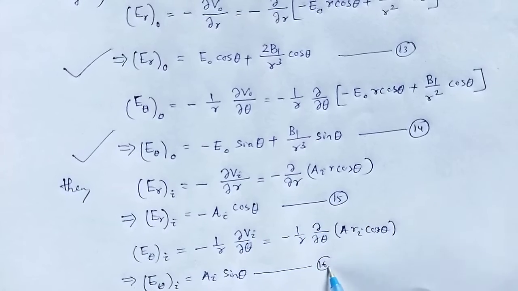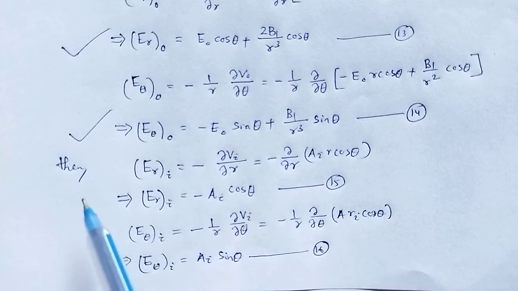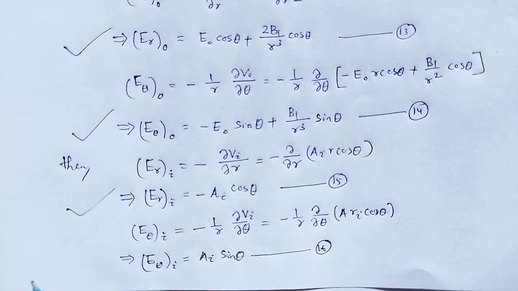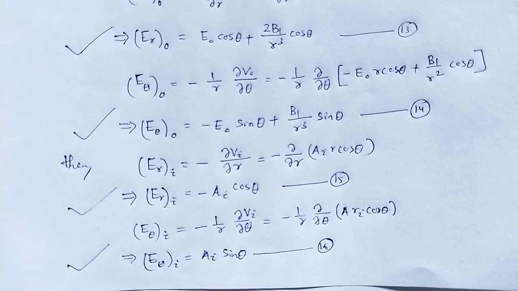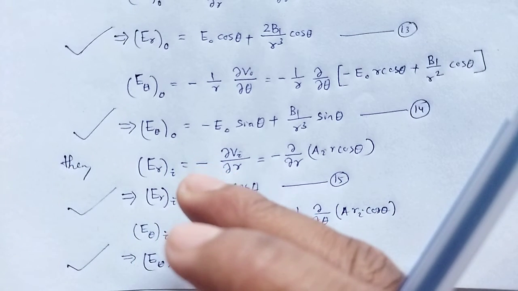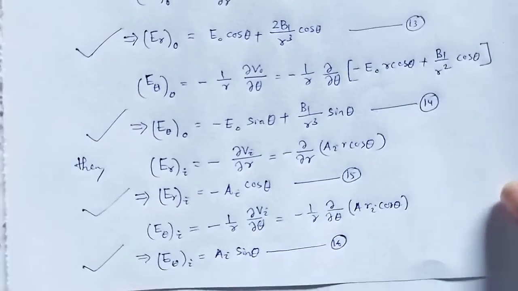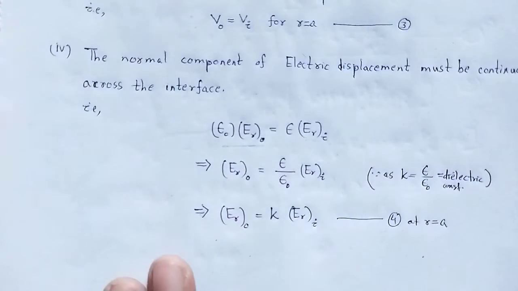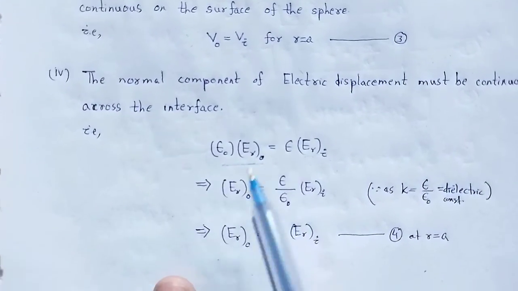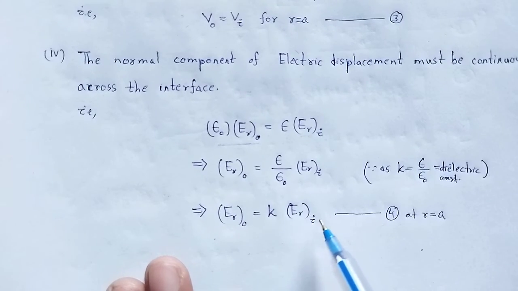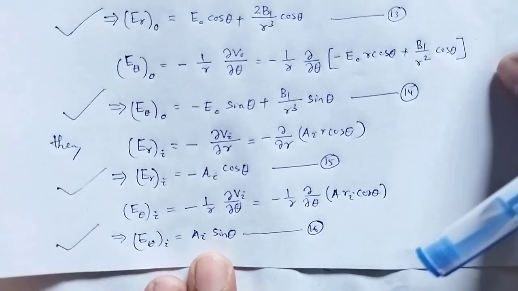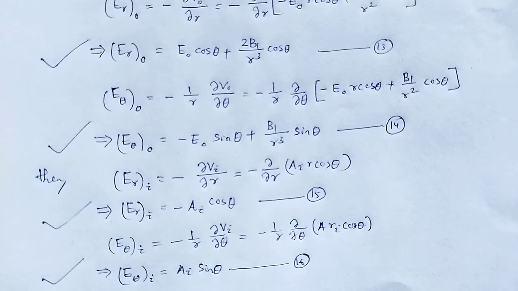This is equation number 16. Here ER inside and E theta inside, these values are needed to implement condition number 4, that is ER outside is equal to ER inside.